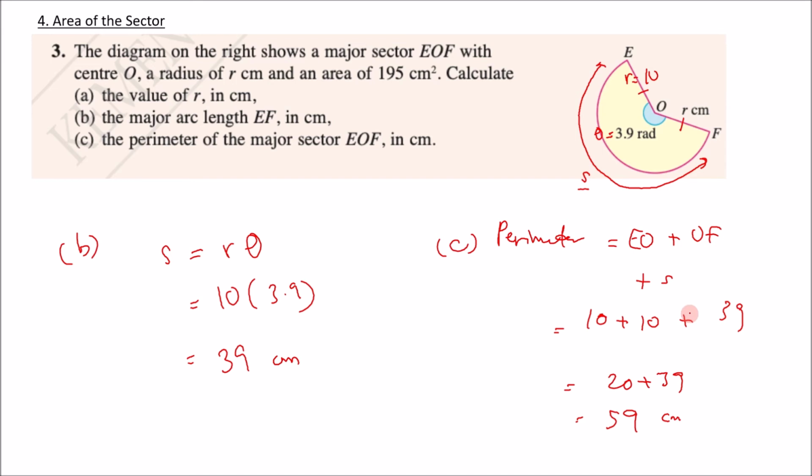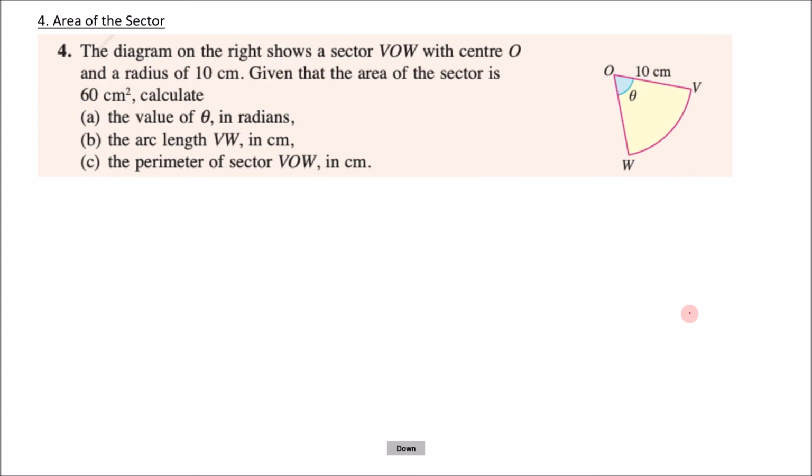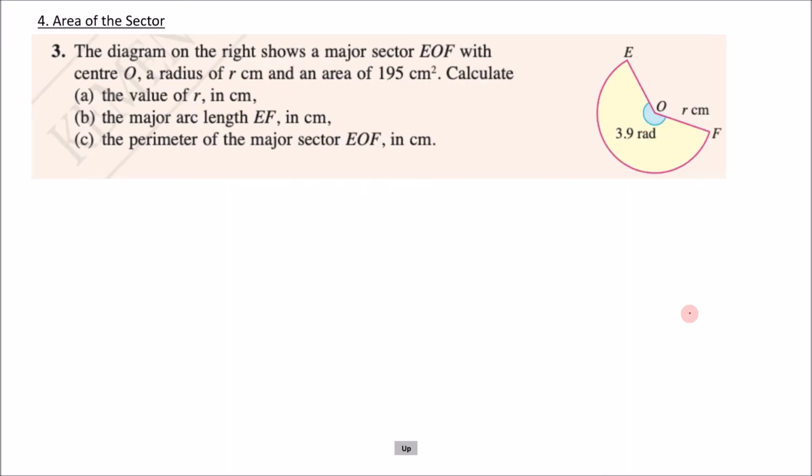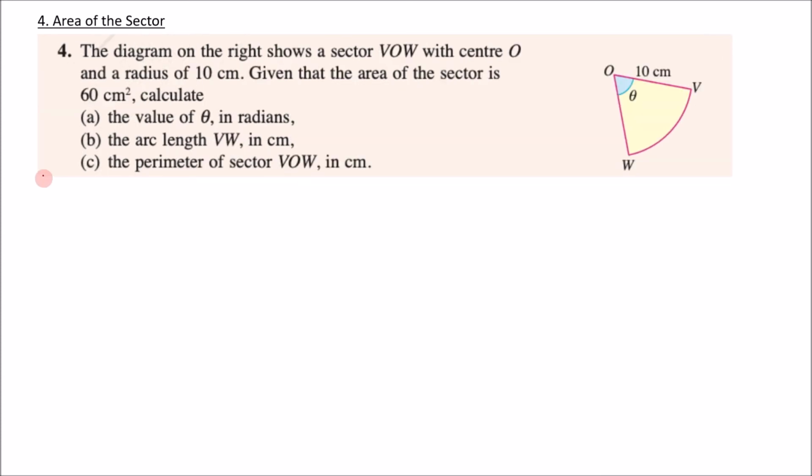Okay, next, let's move on to the third question and the last question for the day. The diagram on the right shows a sector VOW with center O and a radius of 10 cm. This is the radius. Given that the area of the sector is 60 cm squared, calculate the value of theta and the arc length.